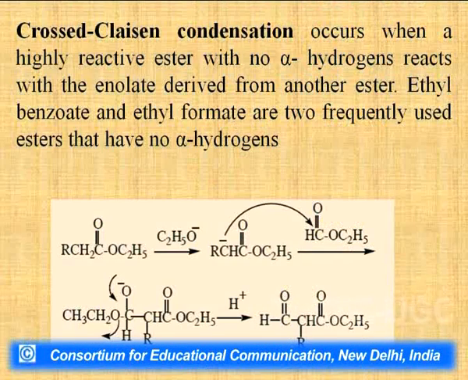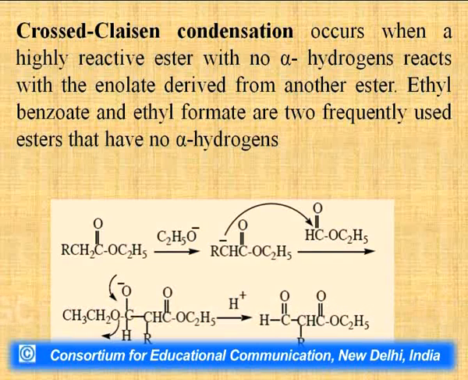What is cross Claisen condensation? It occurs when a highly reactive ester with no alpha hydrogen reacts with an enolate derived from another ester. Ethyl benzoate and ethyl formate are the two frequently used esters having no alpha hydrogen.